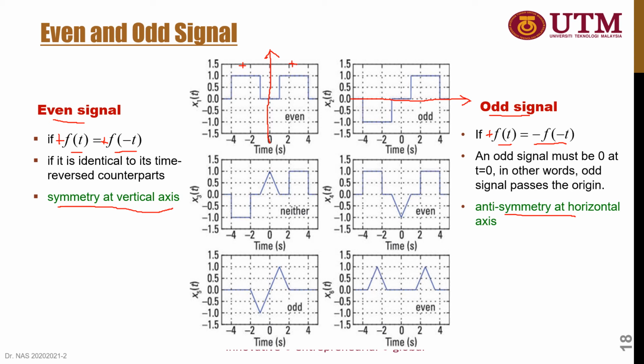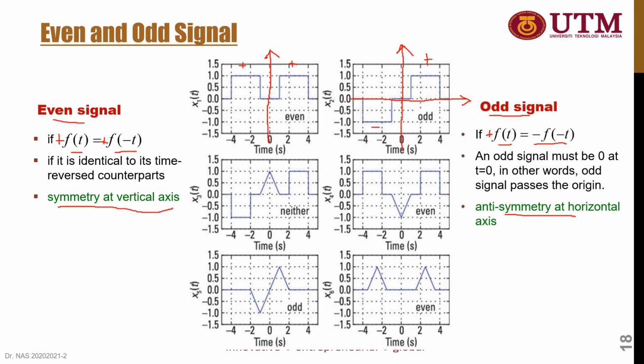When here is positive, here is negative. When you look at the signal, when t is positive, the amplitude is positive, and when t is negative, the amplitude is negative. So it fulfills the equation for odd signal.